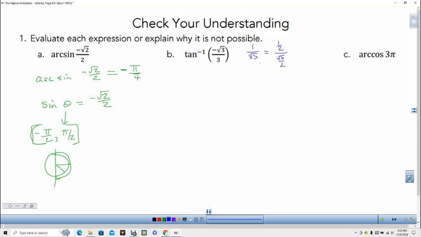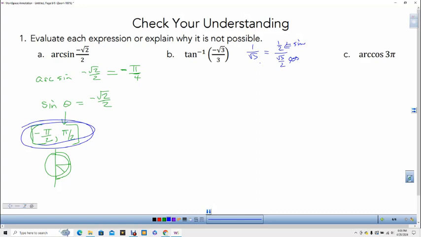So now we're thinking through this, so that means my sine value has to be 1/2, and my cosine value has to be square root of 3 over 2. Now, because our tangent value is negative, that means one of these has to be negative and the other one has to be positive. That's going to occur in quadrant 4. And remember, tangent also has the exact same limitations as we had with sine.